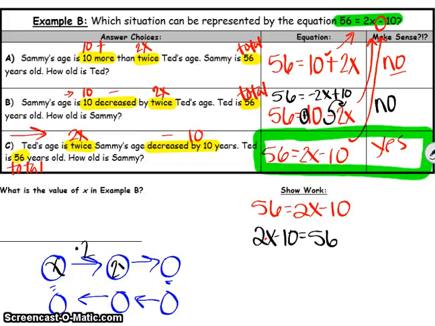X times 2 is 2x, and the next thing is I'm subtracting 10. 2x minus 10 is just 2x minus 10, and that's all equal to 56 for my total. The next thing I do is the opposite of minus 10, which is to add 10. 56 plus 10 is 66. Now I do the opposite of times 2, which is to divide by 2. 66 divided by 2 is 33.